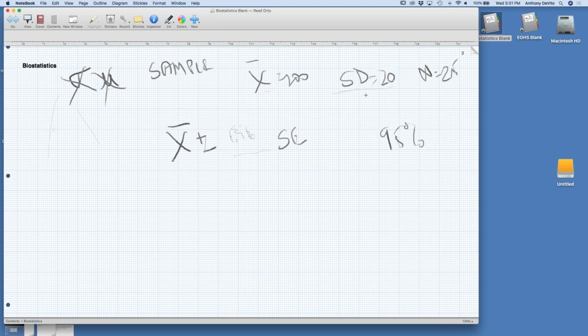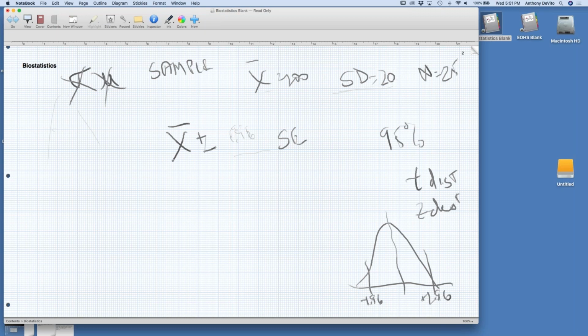So now we need to use a different number here, a number that is based on something called the t distribution. The t distribution is similar to the z distribution. In a z distribution, 95% is represented by a z-score of minus 1.96 standard deviations to the left of the mean and plus 1.96 standard deviations to the right of the mean.